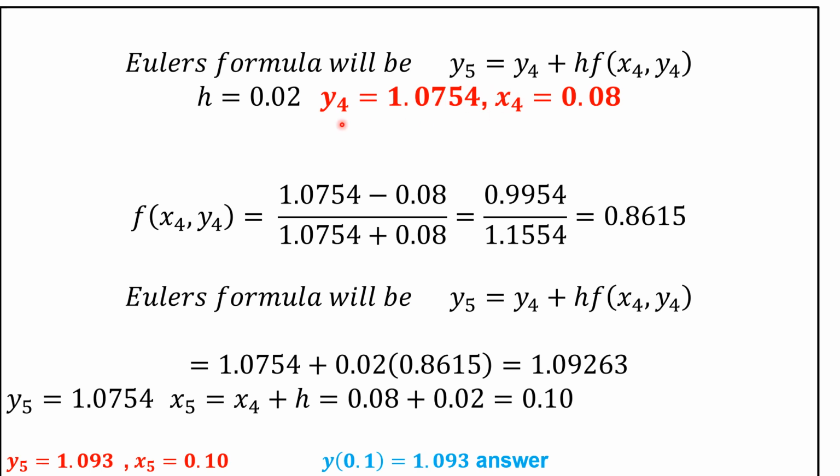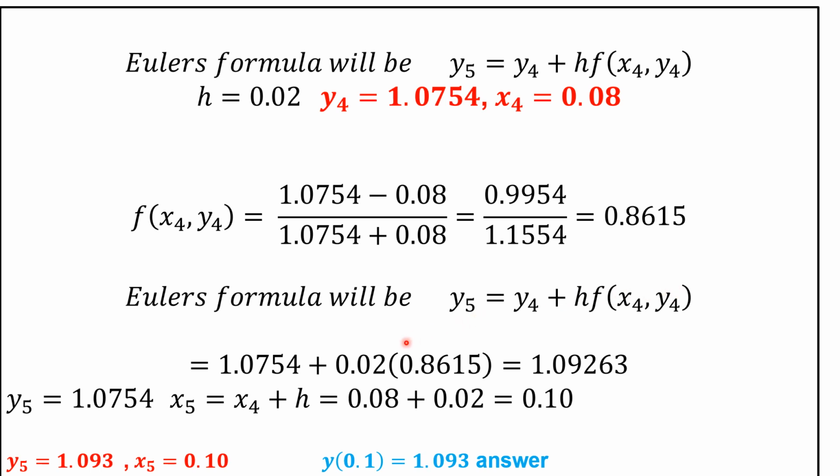So in this way, you will calculate the value of x5, that is x4 plus h. x4 we know, plus h. So I am again repeating, the method is this one: y5 is equal to y4 plus h f(x4, y4). First of all we will calculate f(x4, y4).